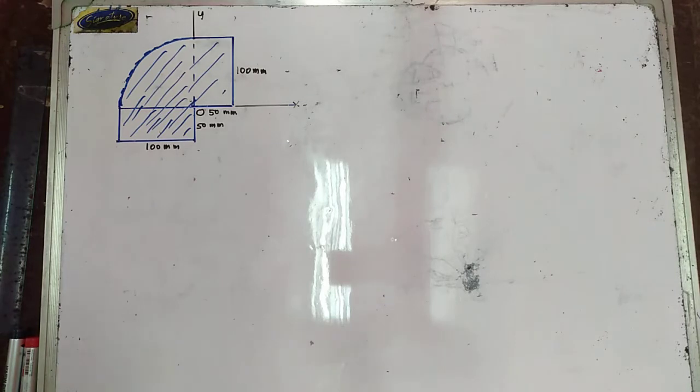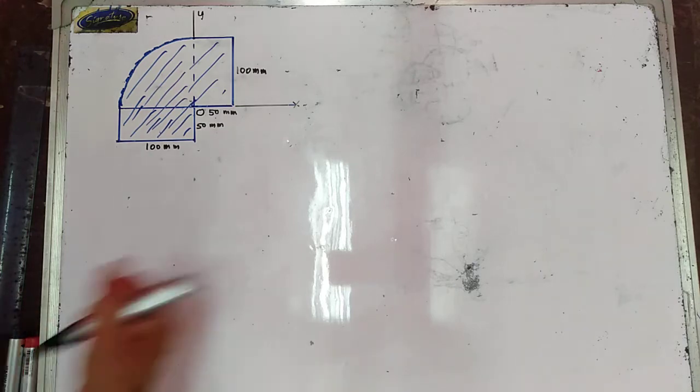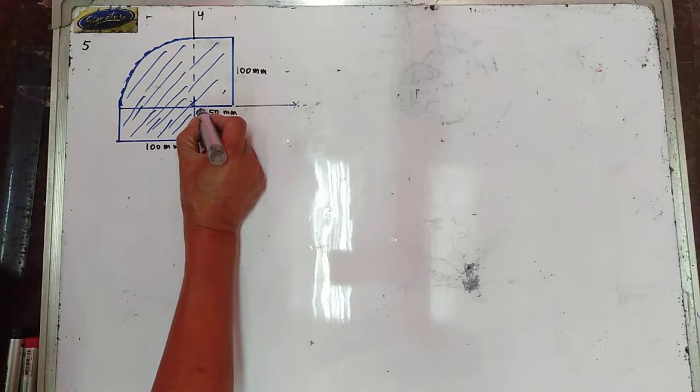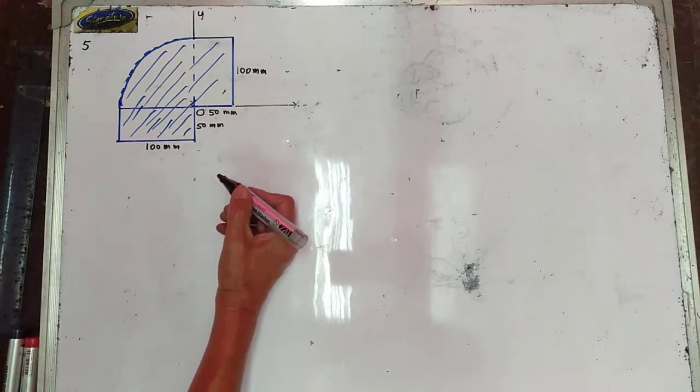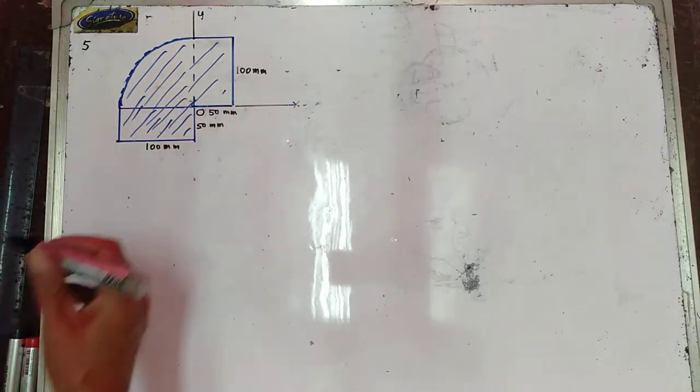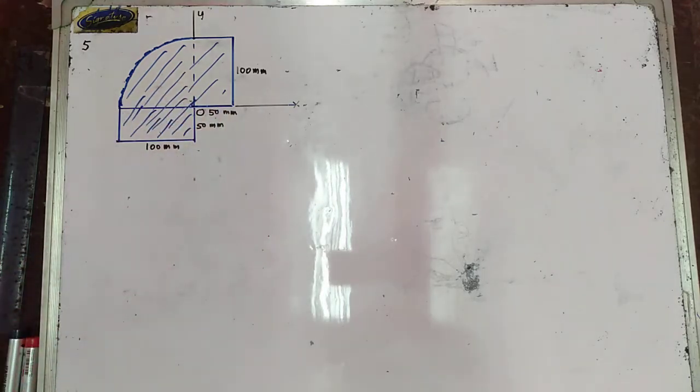Determine the polar moment of inertia of the area shown with respect to O. So this is your point O, and the polar moment of inertia with respect to the centroid of the area. So again, let us try to divide this into three areas.